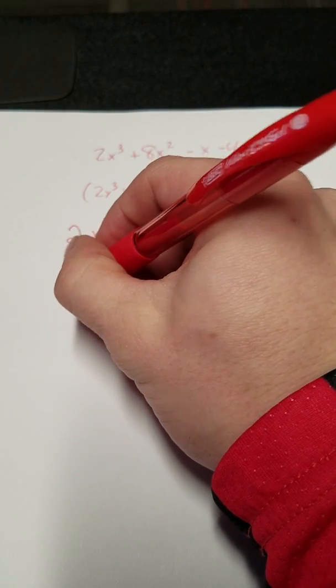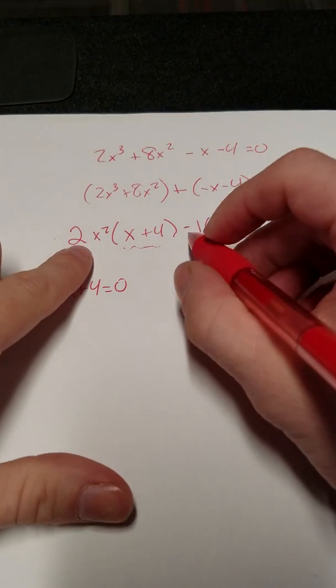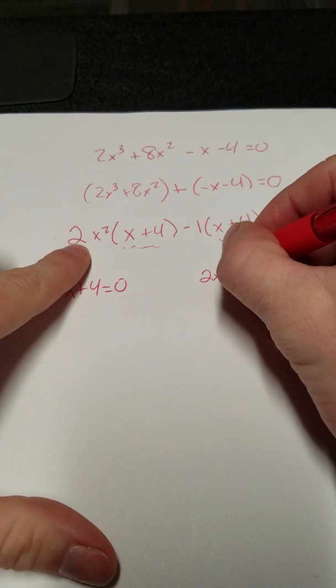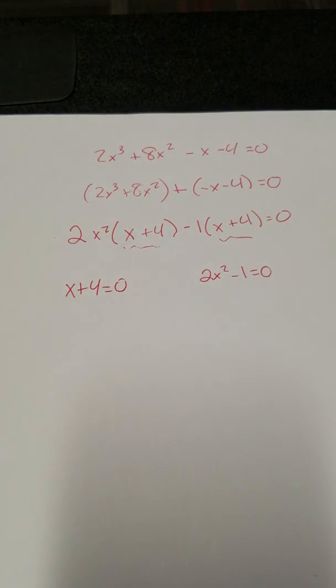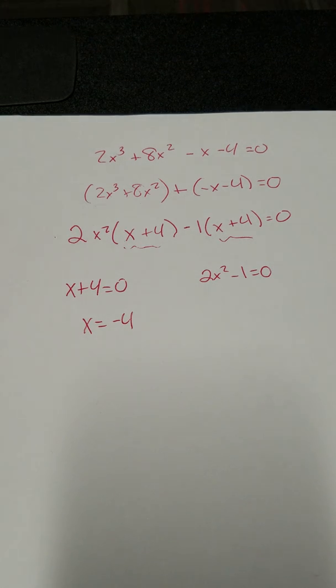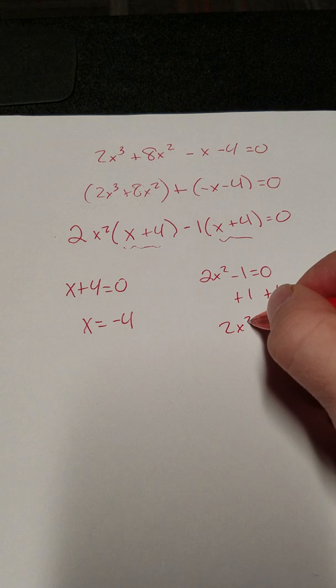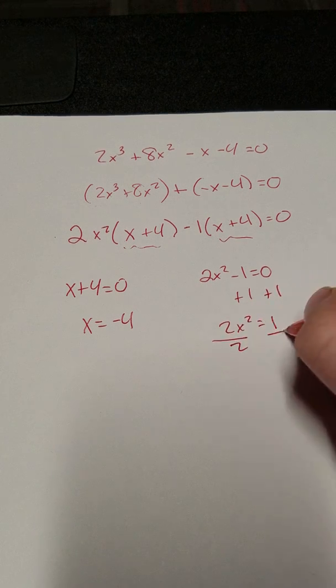So take your x plus 4, set it equal to 0, and now you're going to take the 2 things that are on the outside, 2x squared minus 1, set it equal to 0. Solve each one of them. Here you get x equals negative 4. Over here, add 1, so 2x squared equals 1, divide by 2.